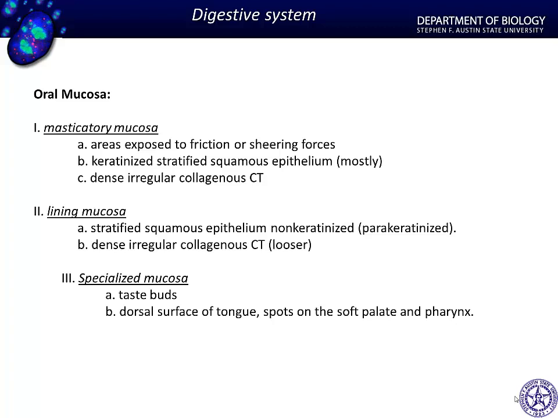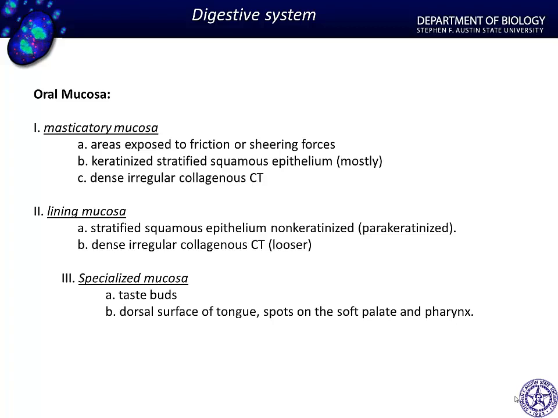Now, we have two different types really when we look in the oral cavity. We have that's really associated on the tongue, and that's a lot of our papilla, and this is going to be a keratinized layer. And underneath, we're going to have dense irregular collagenous connective tissue.